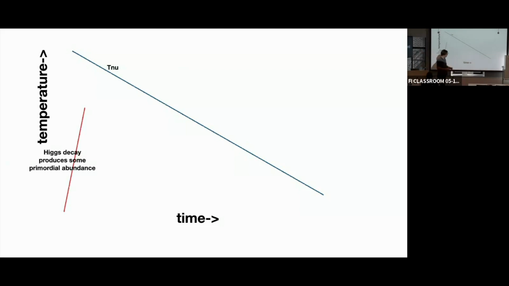Some process is going to produce this stuff, and it doesn't really matter how much is produced, if any is produced, but it's hard to have these sorts of things where there's not some stuff produced earlier. Some stuff is produced earlier, fine. And then it starts diluting, just like the standard model neutrino. As the universe expands, neutrinos cool off and become less dense. Same thing would happen in the dark sector. The universe expands, and these things dilute and cool off.